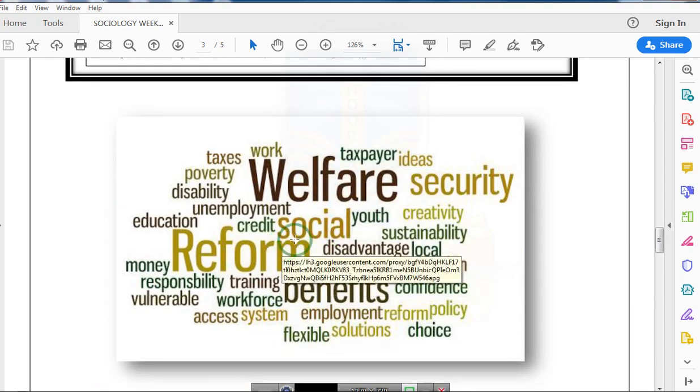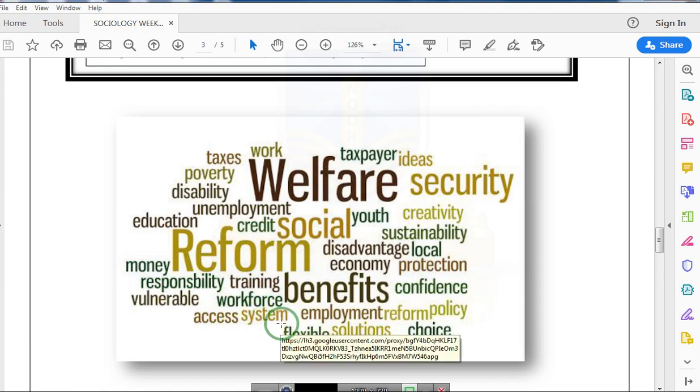Just a recapitulation of what a social policy would look like and what the various areas are that it is going to address, like taxes, poverty, disability, unemployment, education, credit, reform, money, responsibility, training, vulnerable workforce, access, system, work, welfare, taxpayer, ideas, security, creativity, sustainability, disadvantage, local, economy, protection, social, confidence, policy, reform, choice.